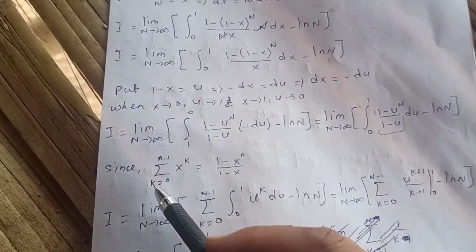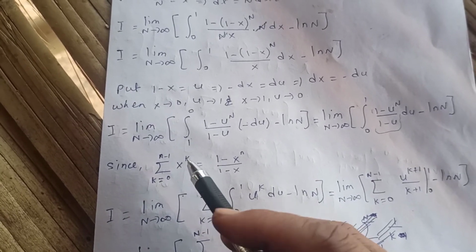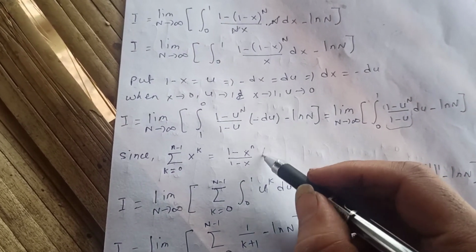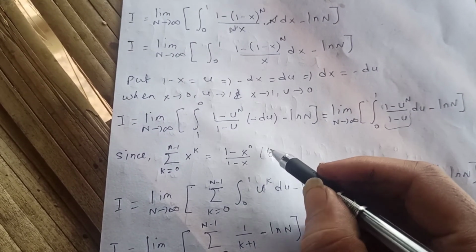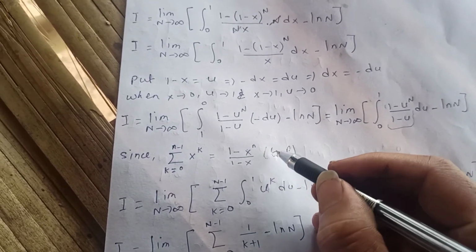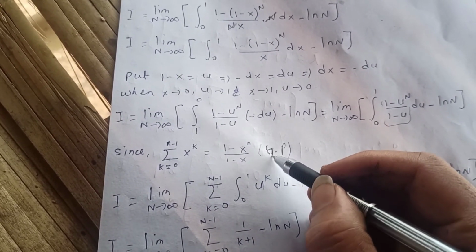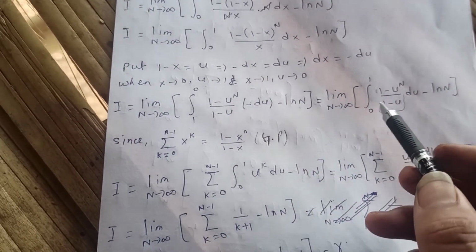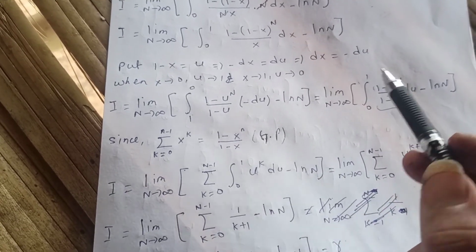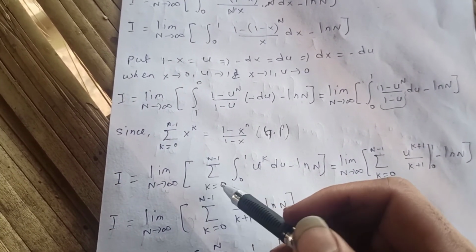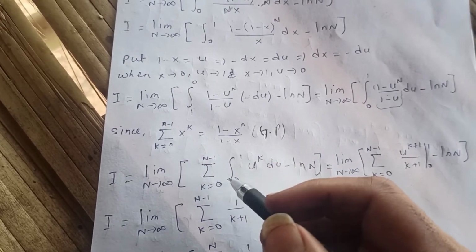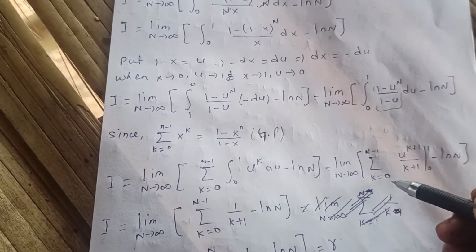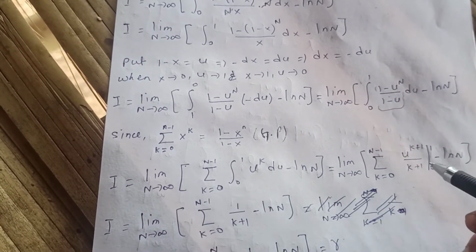The sum from k equal to 0 to n minus 1 of x to the k is nothing but (1 − x^n) upon 1 minus x. So I is equal to the limit as n tends to infinity, and we replace the integrand by this summation: the sum from k equal to 0 to n minus 1 of the integral from 0 to 1 of u to the k du, minus log n.